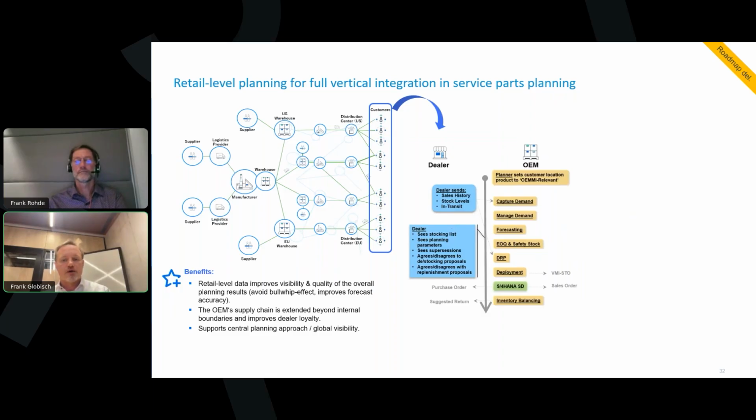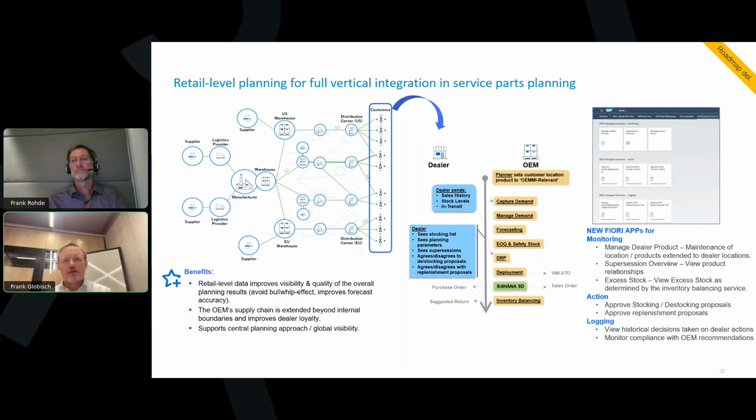However, since these dealers are typically a separate legal entity, there are specific points during the process where they can interact and take decisions. And we also need some additional information like sales history, stock levels, in transit data, which can be integrated via state-of-the-art SAP XML interfaces.